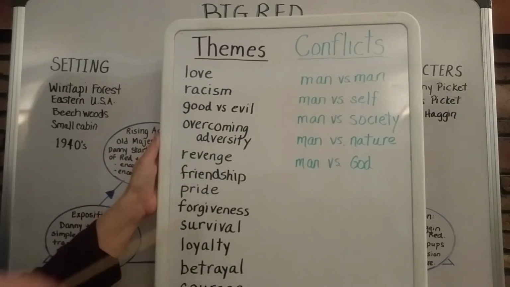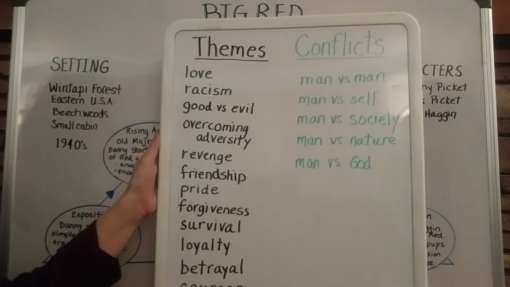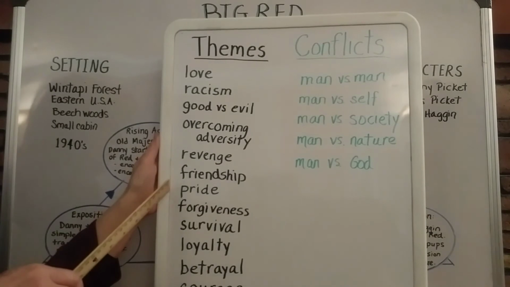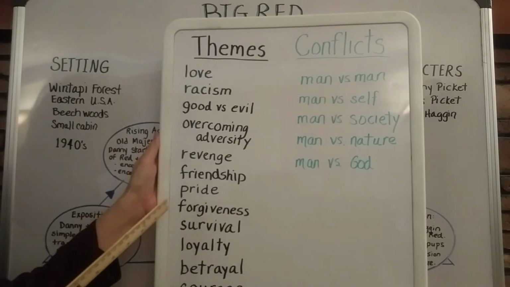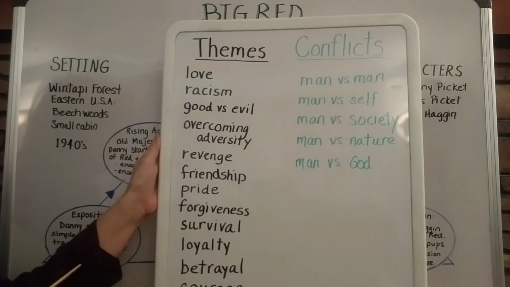So look at this list and think about some of the themes that are in Big Red. There are more than one, and some people may choose a couple and other people may choose a couple of different ones. So write down the themes, write 2 or 3 themes that you think are prominent in this book.